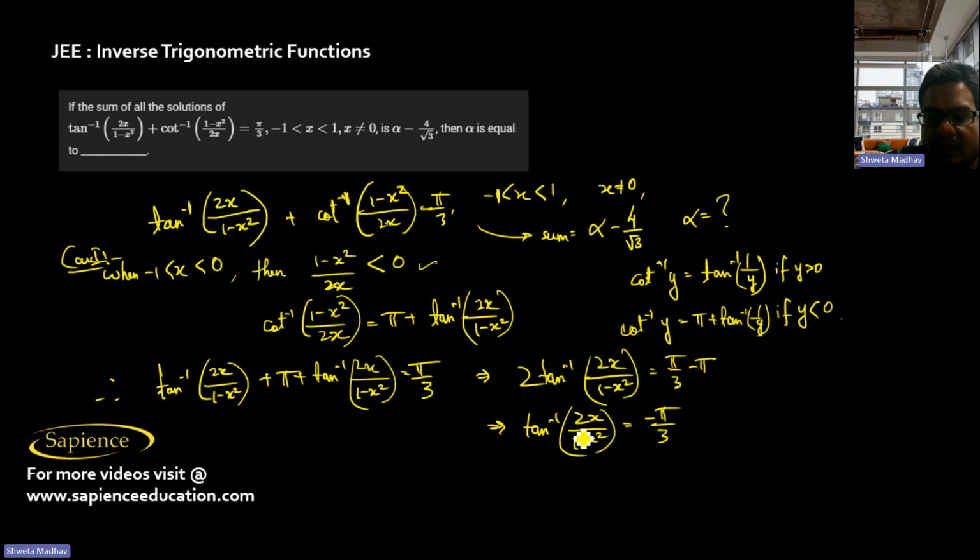Now we know that tan 2 theta is equal to 2 tan theta by 1 minus tan square theta.